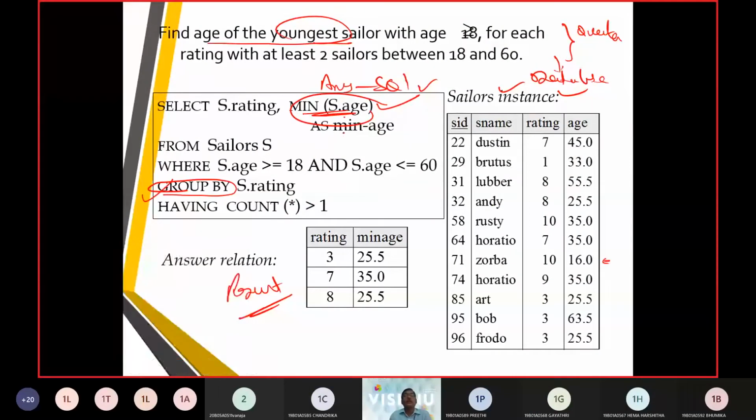Next one, having count greater than 1. Why count is greater than 1? Because at least 2 sailors. You mentioned at least 2 sailors. If you have not mentioned at least 2 sailors, we should not have used the condition called having, and the count should be greater than 1.